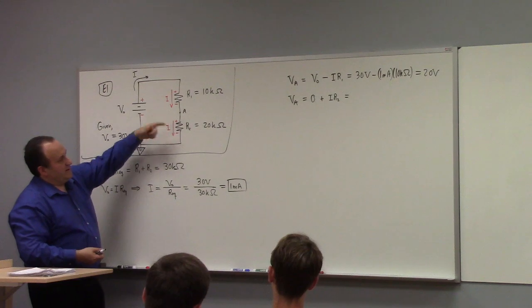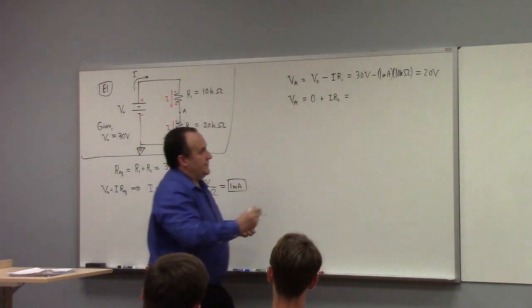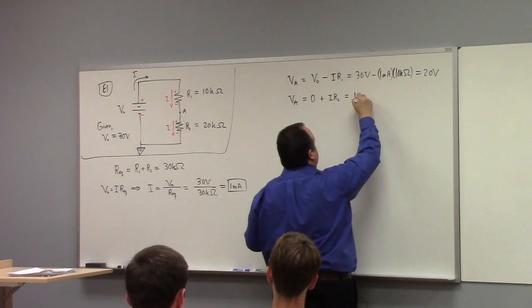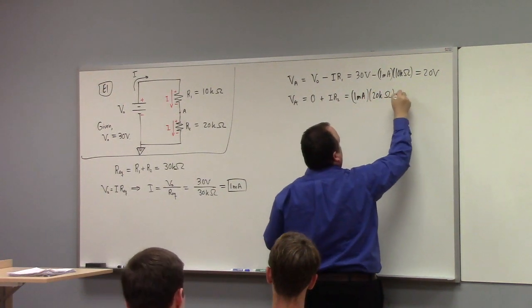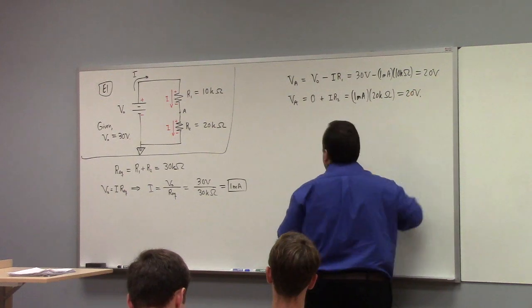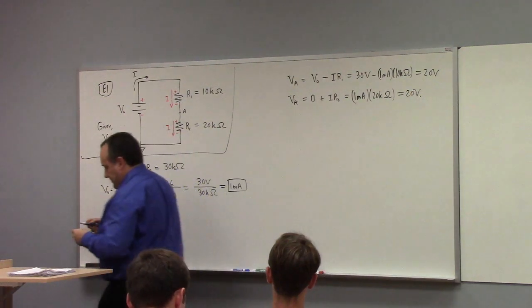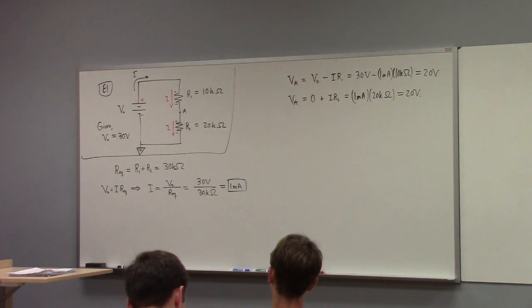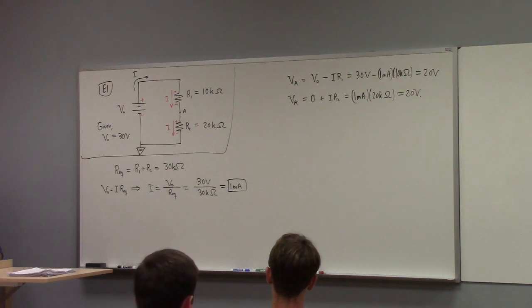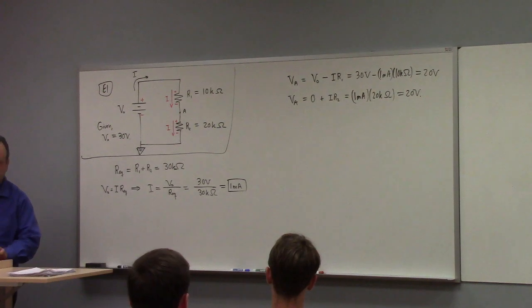And so I get 1 milliamp times 20 kiloohms, which, lo and behold, is 20 volts. So any way you slice it, the voltage at A is 20 volts. So 10 volts is the voltage dropped from the top of the circuit to get down to the 20 volts. Any questions so far?